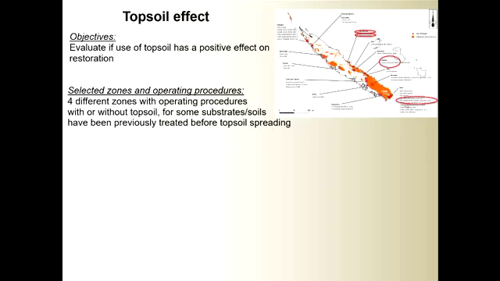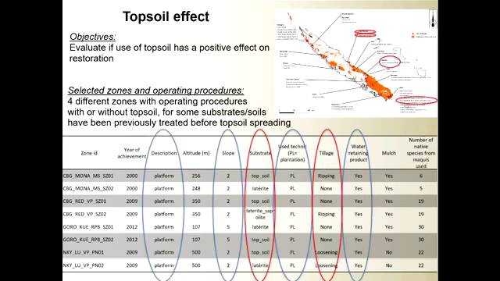You can see their location here on the map. And here you have a detailed table of their year of achievement, altitude, slope, substrate, etc., including the number of species that were planted here because it's a plantation.